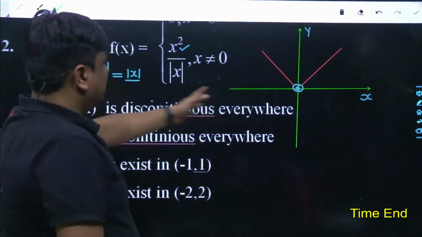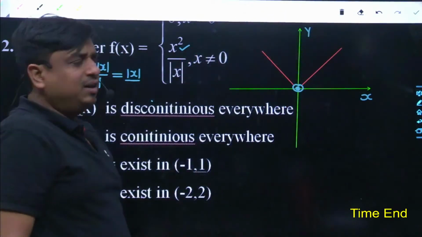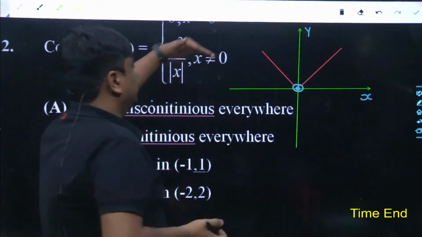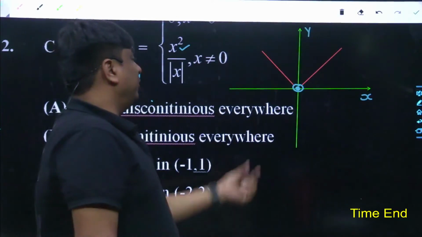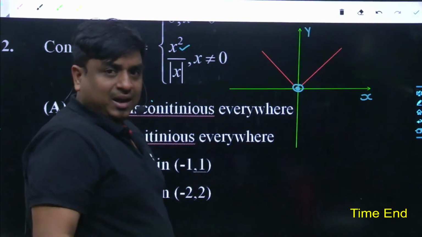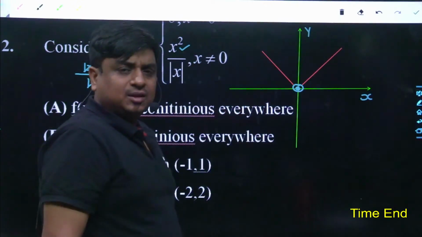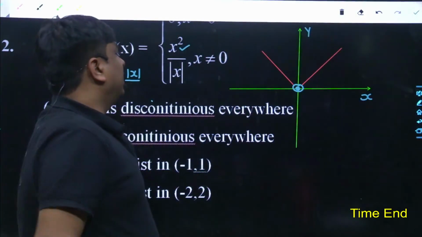Either you go towards a very large value of x towards the left-hand side or towards the right-hand side, the function remains continuous. It even remains differentiable because the function is quite smooth. Only the point of problem, or the point of deficiency, is x equals 0. The cusp has been formed, and as the cusp is formed, the function would be non-differentiable at x equals 0, and apart from x equals 0, it is going to be differentiable and continuous everywhere.